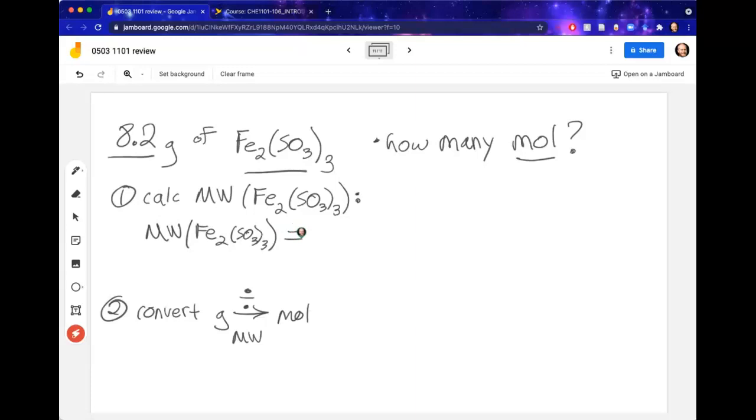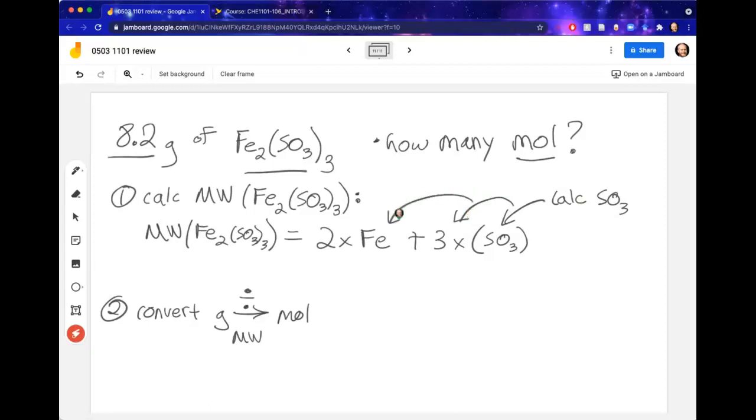The way that I personally think about breaking up this problem is by the irons. I've got 2 of those, and then I've got 3 times sulfite. So for me, I would calculate this mass on its own and then multiply it by 3 and then add it to twice the iron mass.